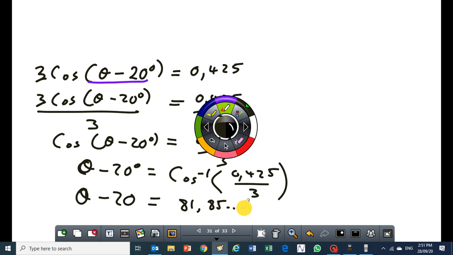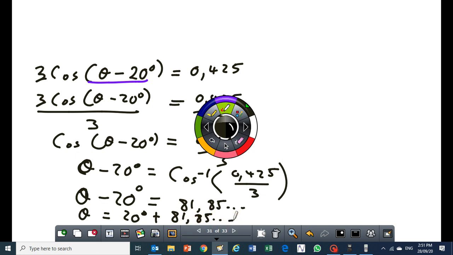Now, the reason why I'm doing this is because I need all the digits. Okay? So I'm not going to round off anything here. Then I'll take the minus 20 degrees to the right. When I do that, I'll get theta equal to this 20 degrees plus that 81.85 with all the decimal places.